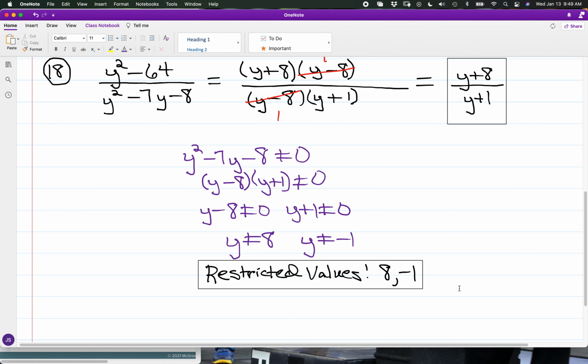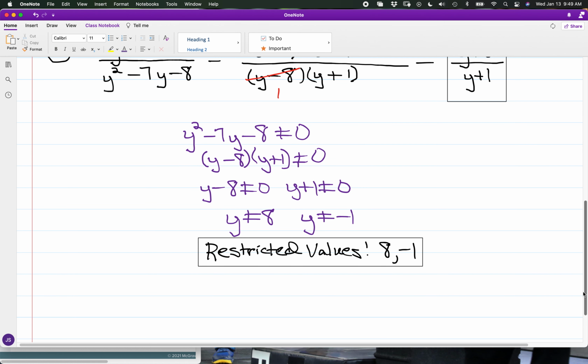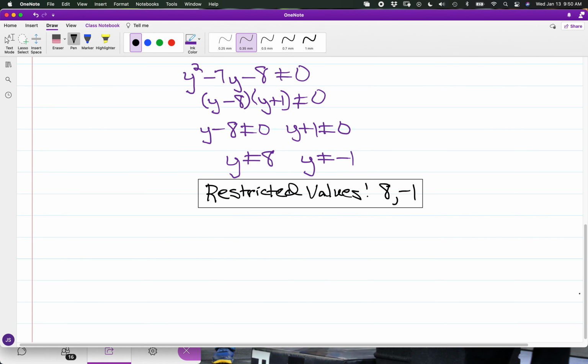Now, 17 and 18, we're looking at simplifying and identifying the restricted values. Now, for what we have in the case of 28 and 41, in the case of number 28, there's a blend of factoring and also reducing what we have with exponents.